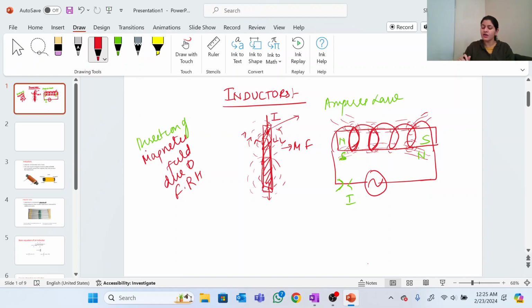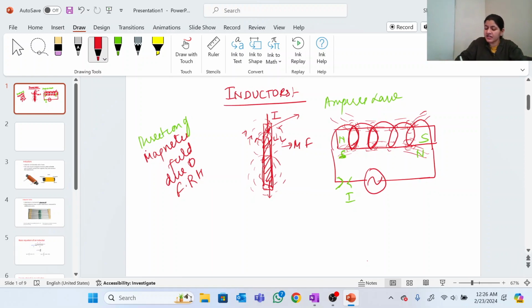Now let's talk about how this magnetic field is created. One more thing I would like to tell you is that you might have heard about a term known as flux. If not, what is magnetic flux? Whenever the supply current I is increased, you can see that the magnetic field is increased.